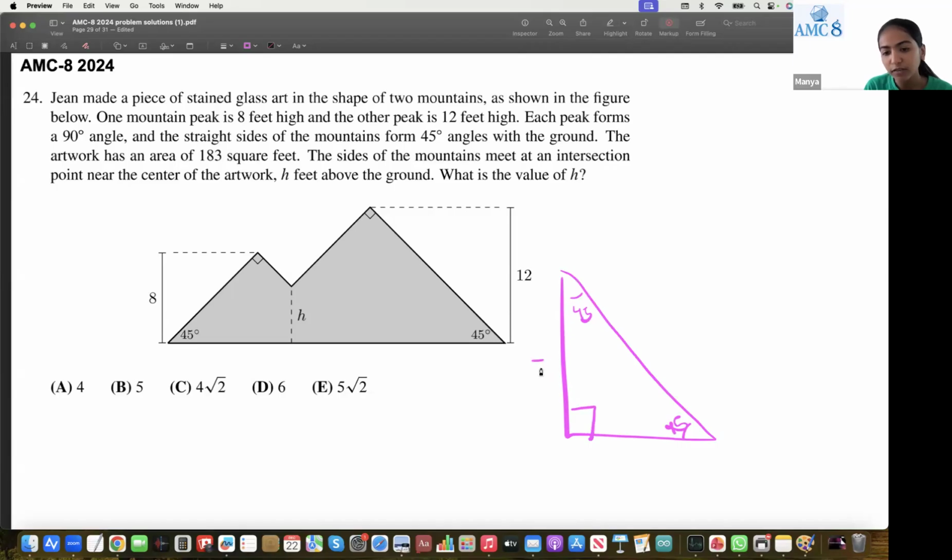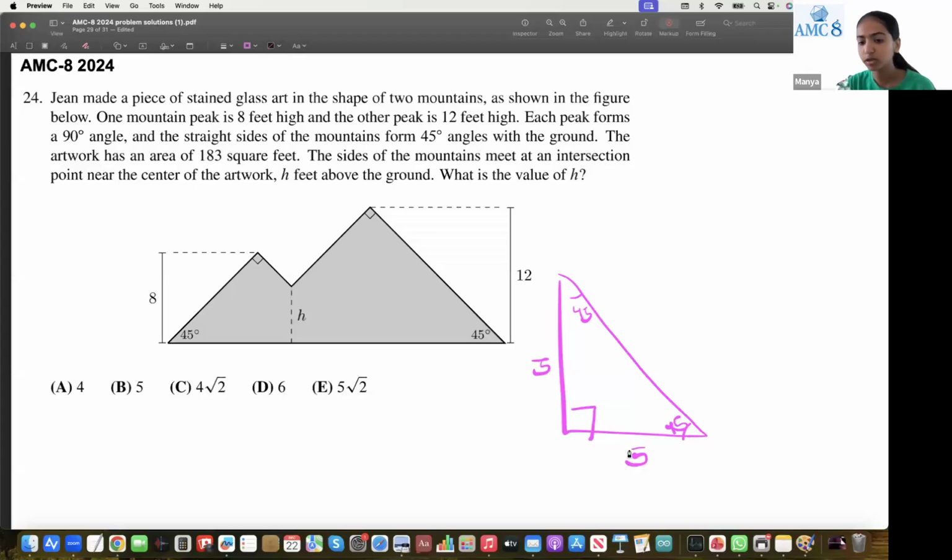And suppose that the value of this is 5, and the value of this is also equal to 5 here. Okay? So this one is equal to 5 and this one's also equal to 5. Well, what is the value of this? We know that a squared plus b squared is equal to c squared, meaning that this one should be equal to 5 squared plus 5 squared, which is equal to c squared.